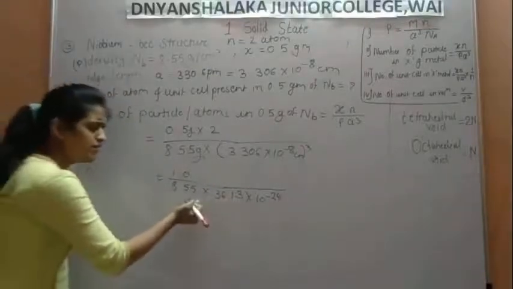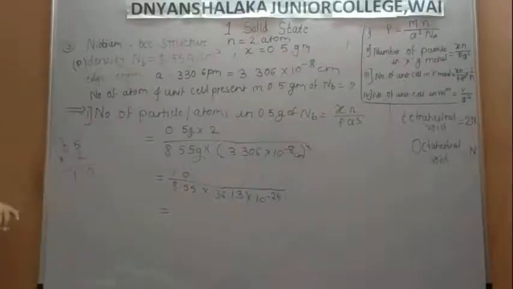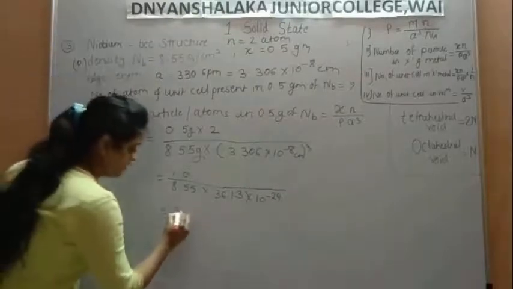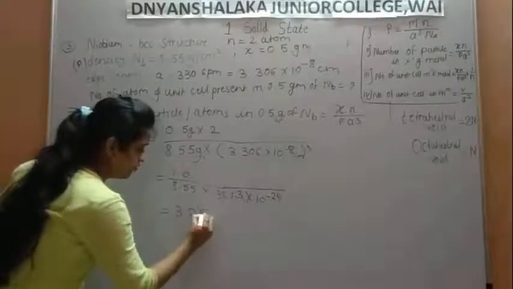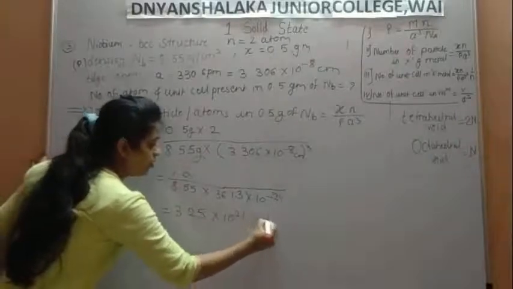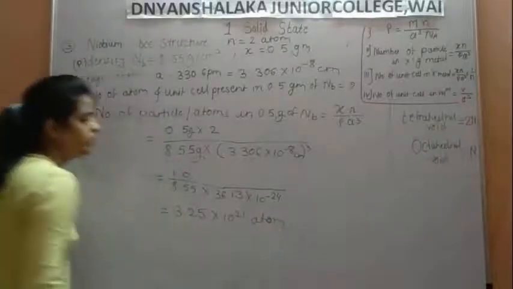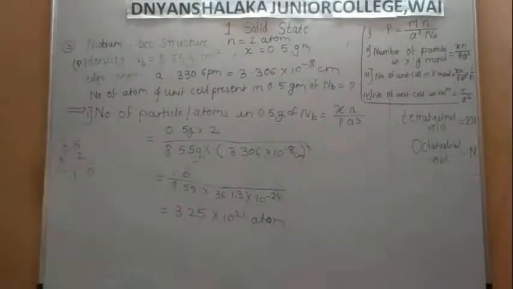Next we multiply all these terms and we get the final answer on calculating, that is division and calculation. We get 3.25 into 10 raised to 21, the number of atoms or particles present in 0.5 gram of niobium metal.